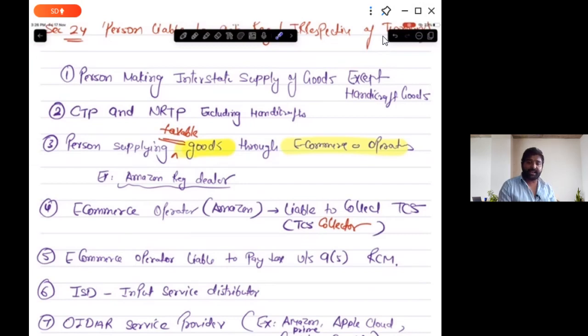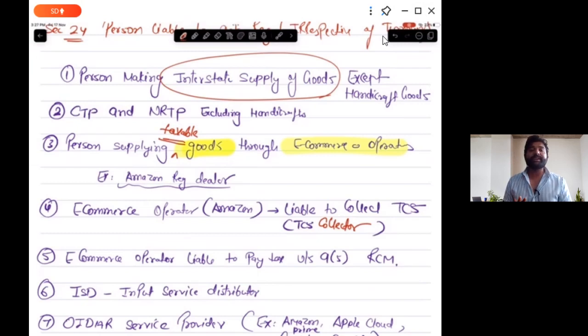And again, here we are only covering interstate supply of goods. So if I am a service provider, and my turnover is not more than 20 lakh, or I am not covered under section 22, then definitely I am not covered under section 24 as well, because they are only covering interstate supply of goods.